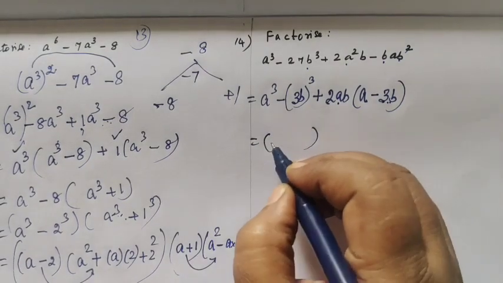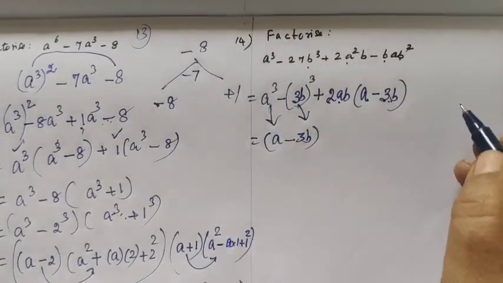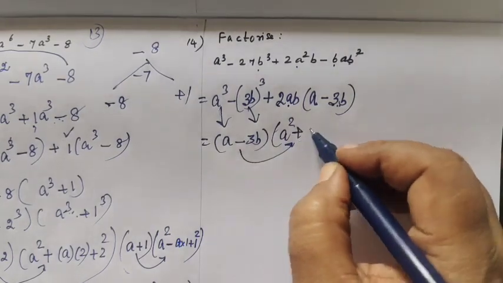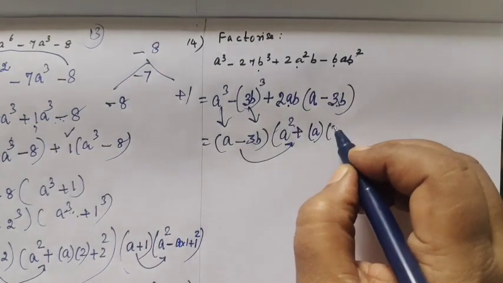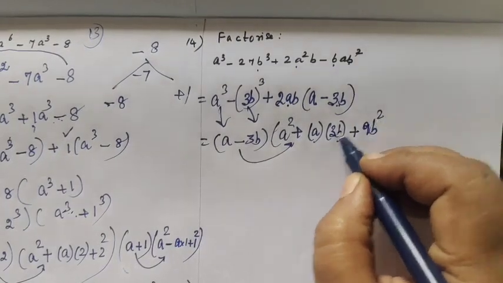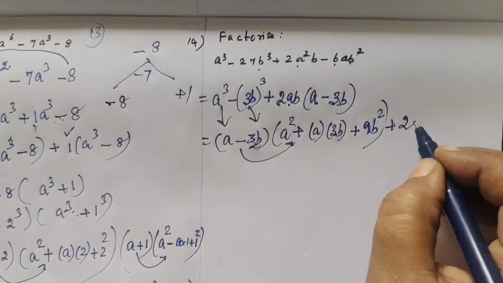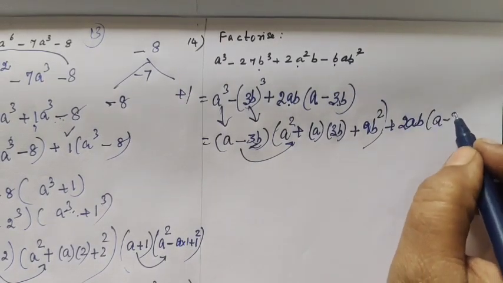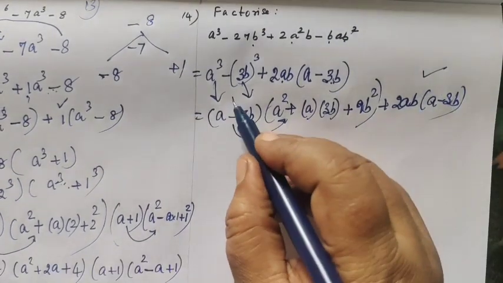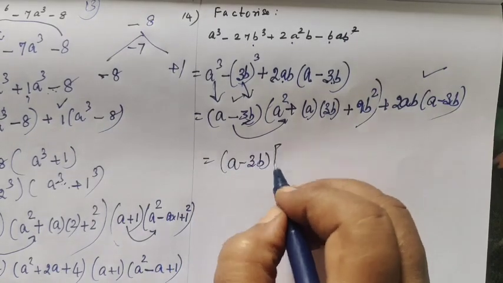So a minus b, here a minus 3b, then a squared, minus means here plus, ab, a times 3b, plus b squared, 9b squared. When you make the square it is 9b squared. Then 2ab into a minus 3b. Here a minus 3b is common, so take a minus 3b outside.